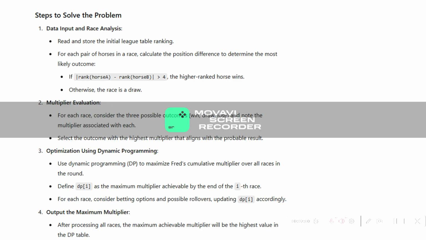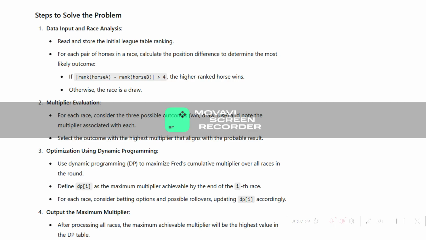Then select the outcome with the highest multiplier that aligns with the most probable result between the 2 horses in that race. As we saw previously, if the difference between the pair of 2 horses is four positions, the higher ranked horse wins, and if it is less than 4, then the lower ranked horse loses.